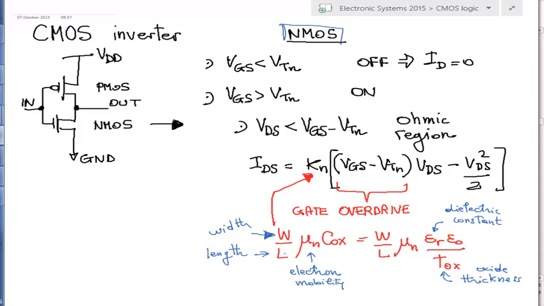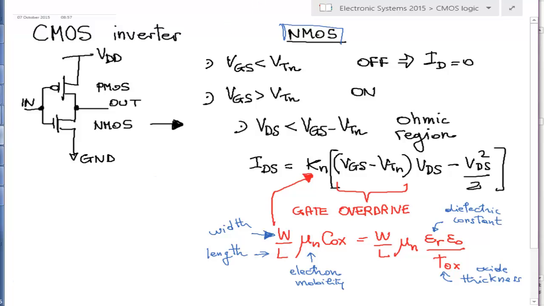So the current is proportional to Kn, which in turn is proportional to the mobility, to the dielectric constant, to the width, and it is inversely proportional to the length and to the oxide thickness. Even if you don't remember the exact formula, it is extremely important to remember the dependencies, the functional dependencies. What increases if something else increases or decreases.